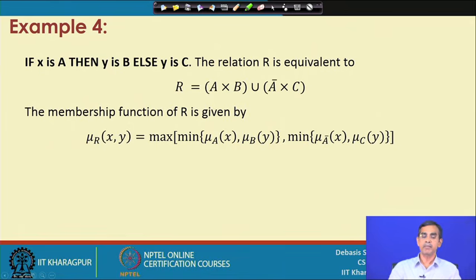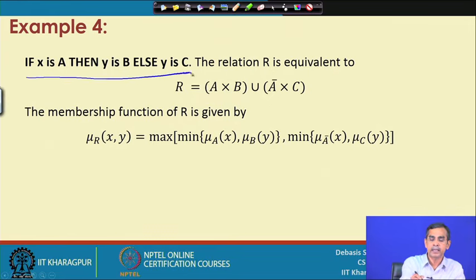Now, the same max-min rule can be extended to another type of rule. Here I have mentioned the else part: if x is A, then y is B, else y is C. It can be expressed using the max-min rule composition, like this one.